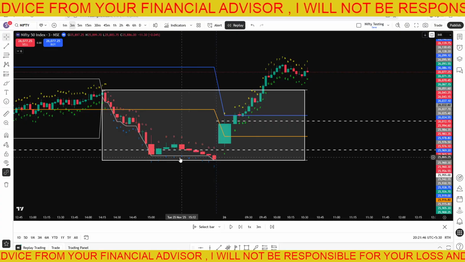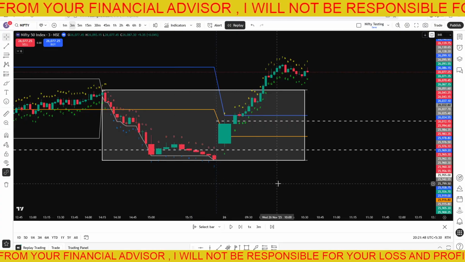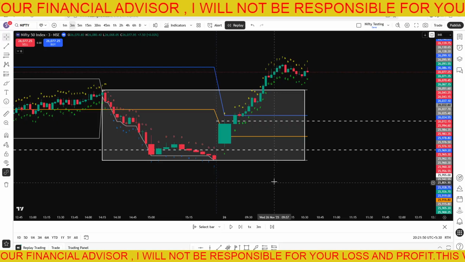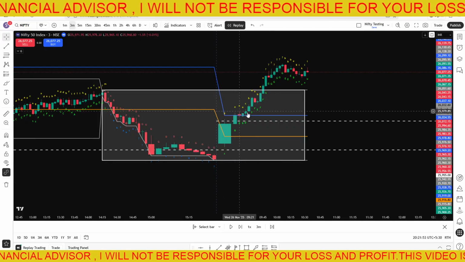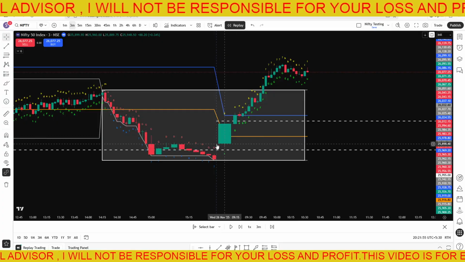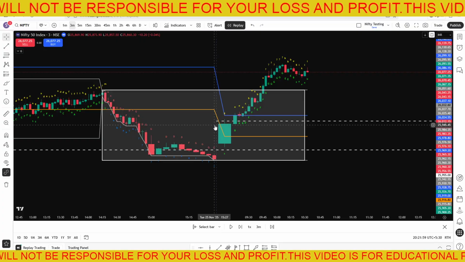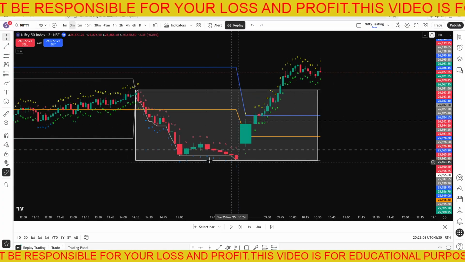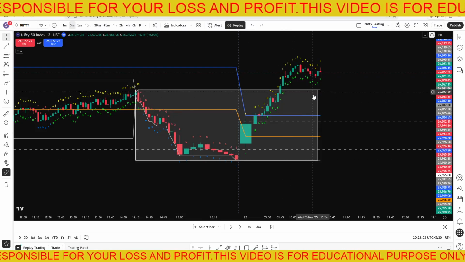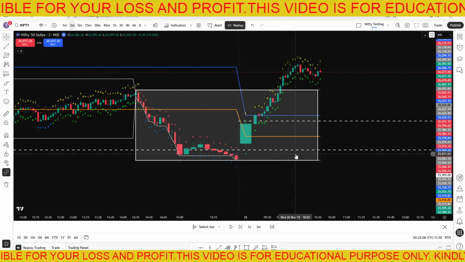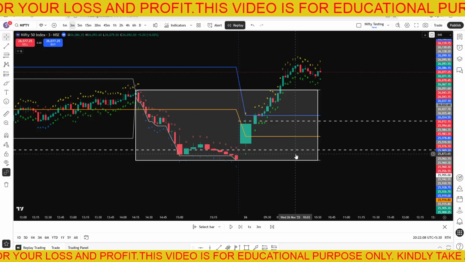Okay, price is above POC. Price is not closing above the pivots, but it's opening here and closing here, within this smart money zone, right? So not much confirmation we got.